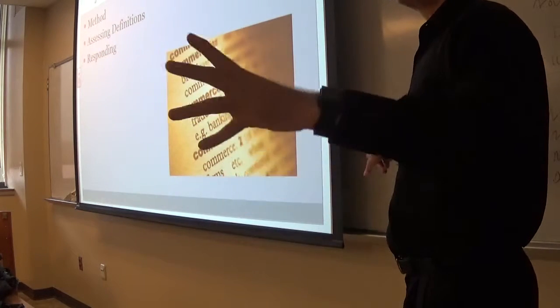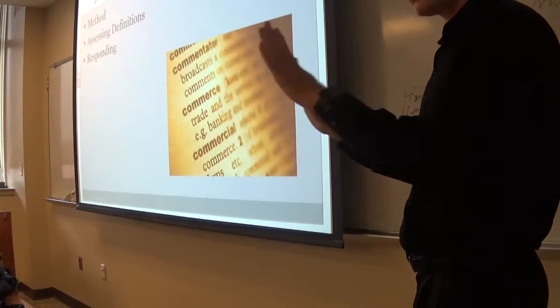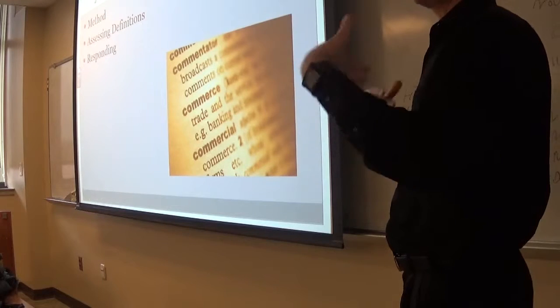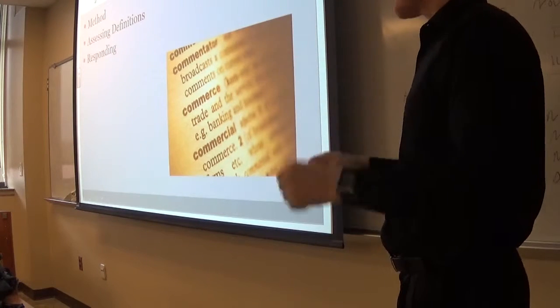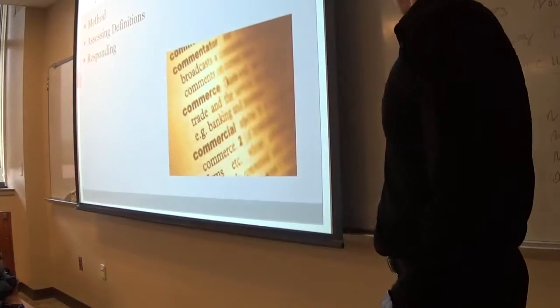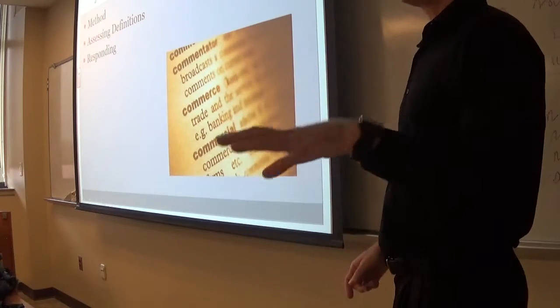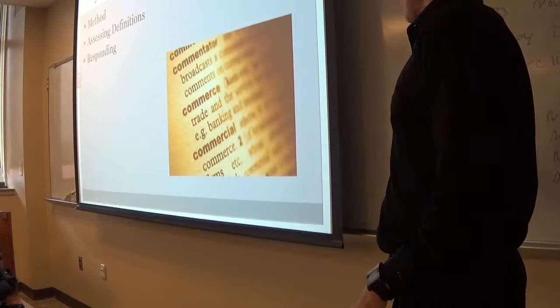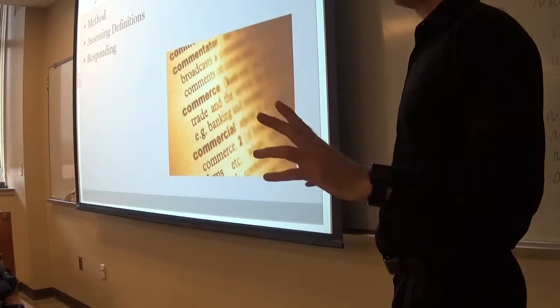Is the definition that's being presented too narrow, keeping out things that should be considered marriage, or is it too broad, letting in things that should not be in there? So people are fighting over same-sex marriage, and part of it is a battle over definition. What is marriage? How much should be in there, and how much should be kept out?